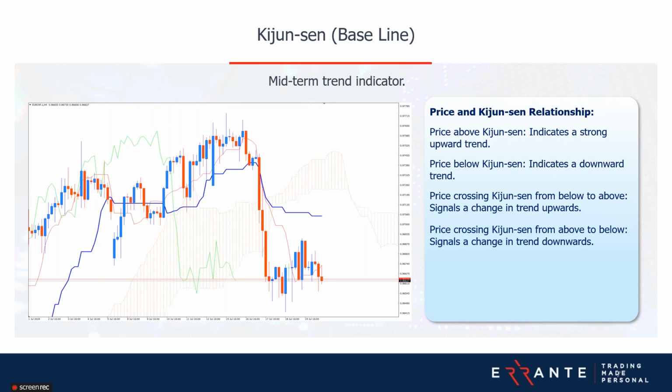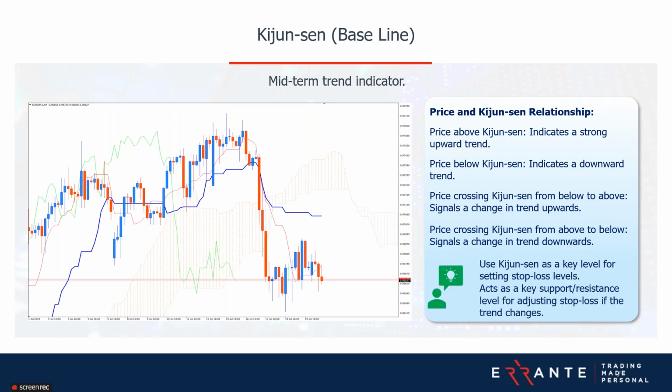One interesting aspect of Kijun-sen is that it can be used as a key level for setting stop loss orders. Professional traders often use Kijun-sen as a crucial support or resistance level to adjust their stop loss in case of a trend change. This helps manage risk more effectively and protect profits.